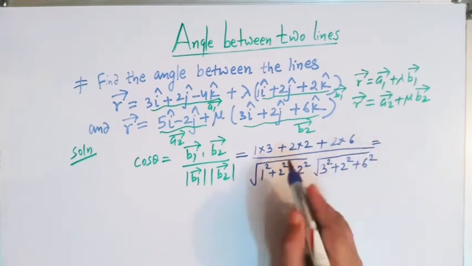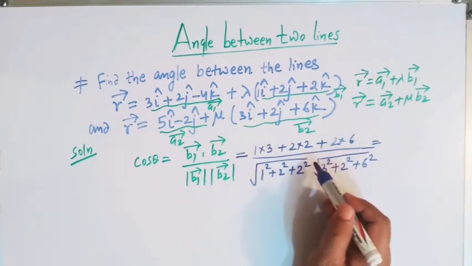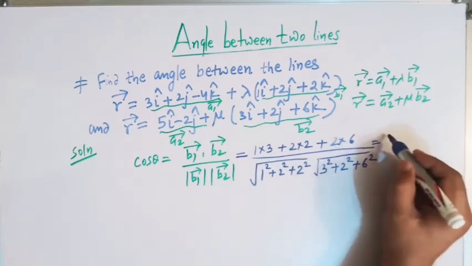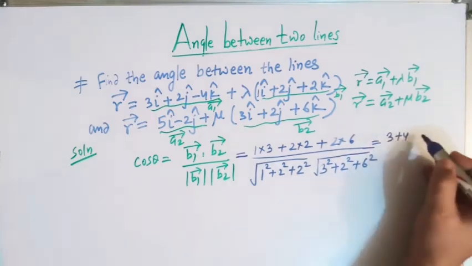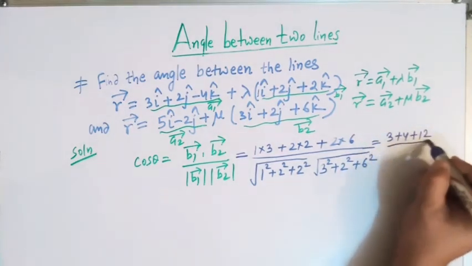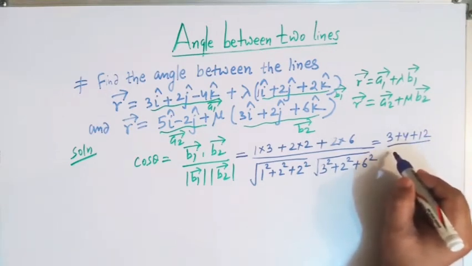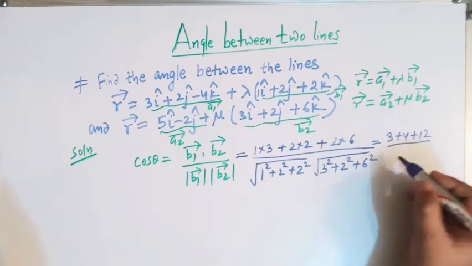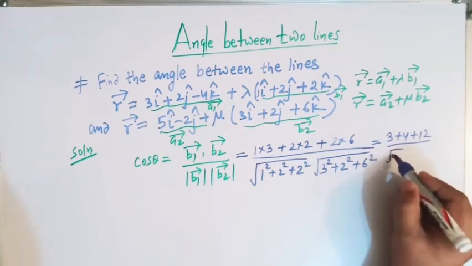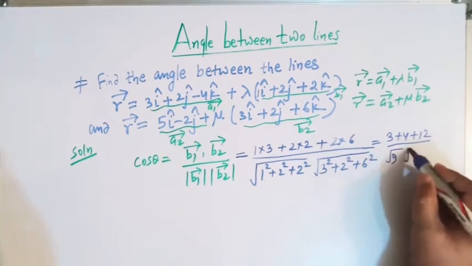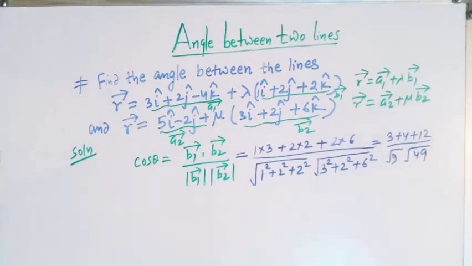If we simplify this expression, we have 3 plus 4 plus 12 divided by the square root of 9 times the square root of 49, right?